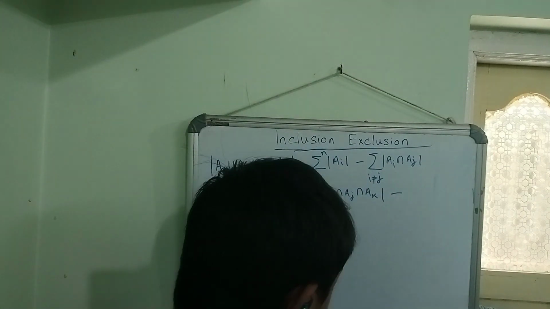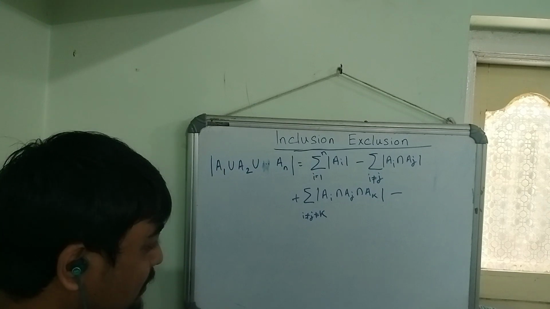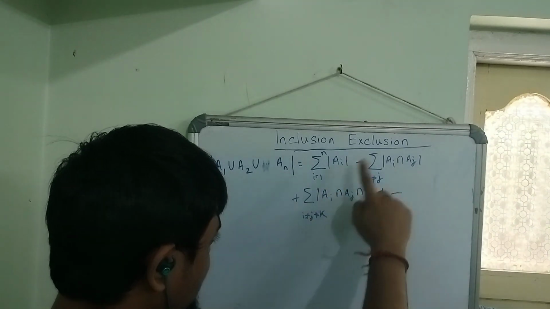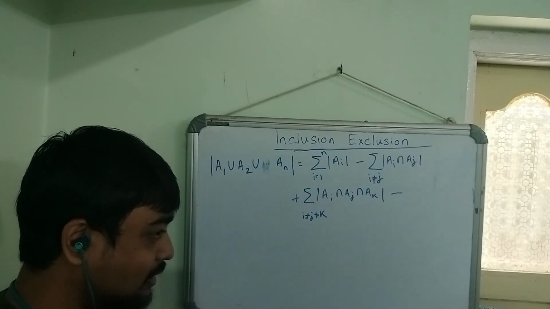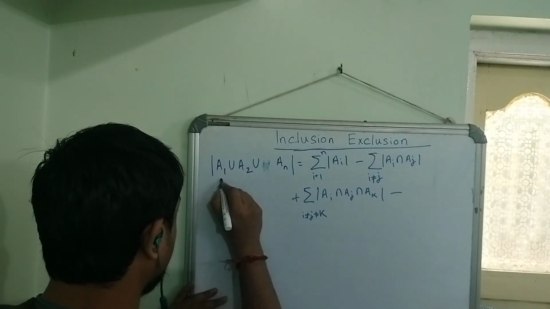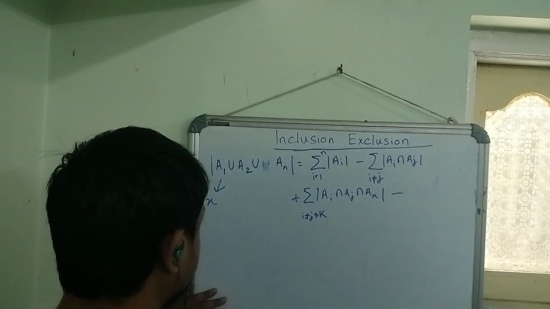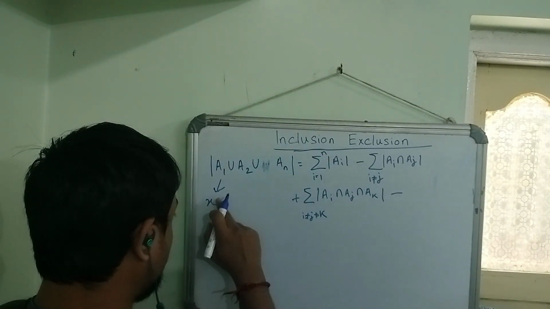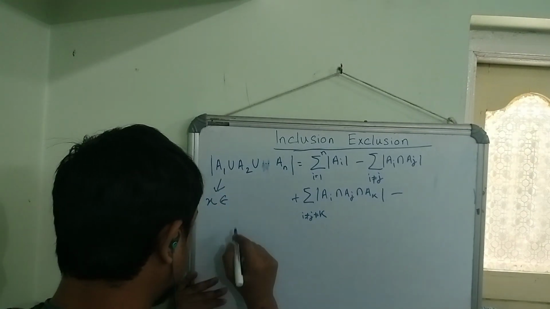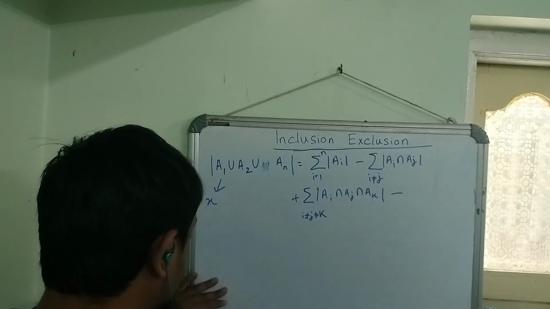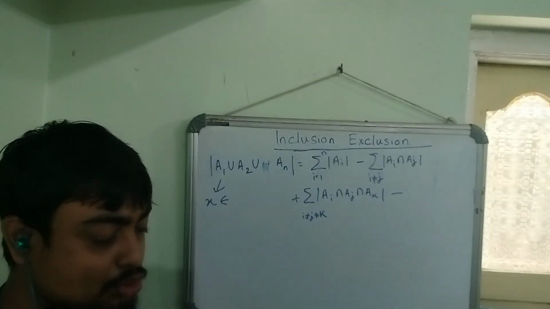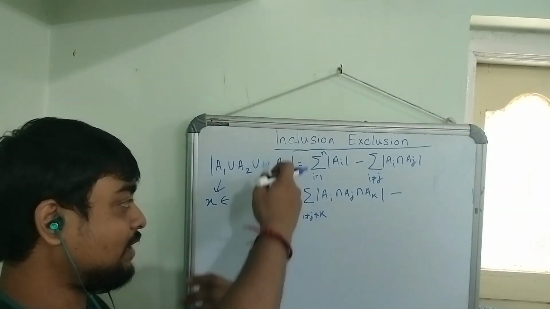Now I will tell why this actually works. How can we ensure that each and every element is counted exactly once here? So let's assume that x belongs to this union. This is a set, and let x belong to this set. If x belongs to all of the n sets, that will be a special case.